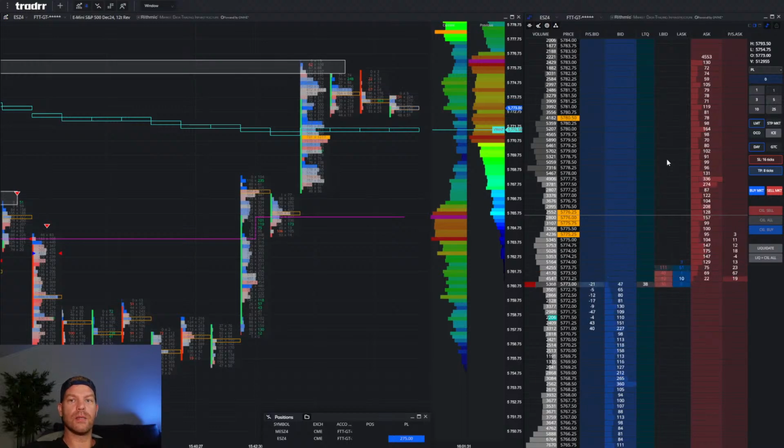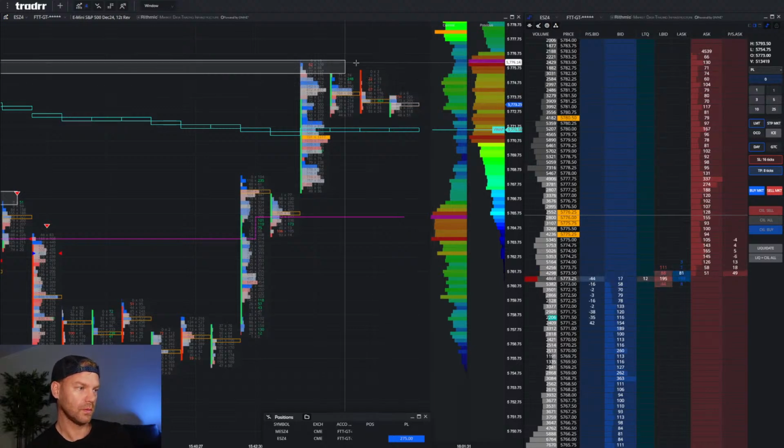Alright guys, I think I'm gonna wrap it up. I'm not super happy with today's trade, because I didn't trade that level that I was waiting for the whole time, right here.